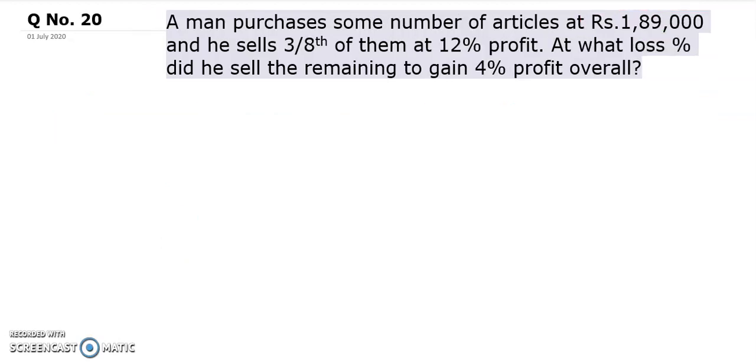Question number 20. A man purchases some number of articles at rupees 1,89,000 and he sells 3/8 of them at 12% profit. At what loss percent did he sell the remaining to gain 4% profit overall? So in this question we have 3/8. Now 3 parts are sold at 12% profit.